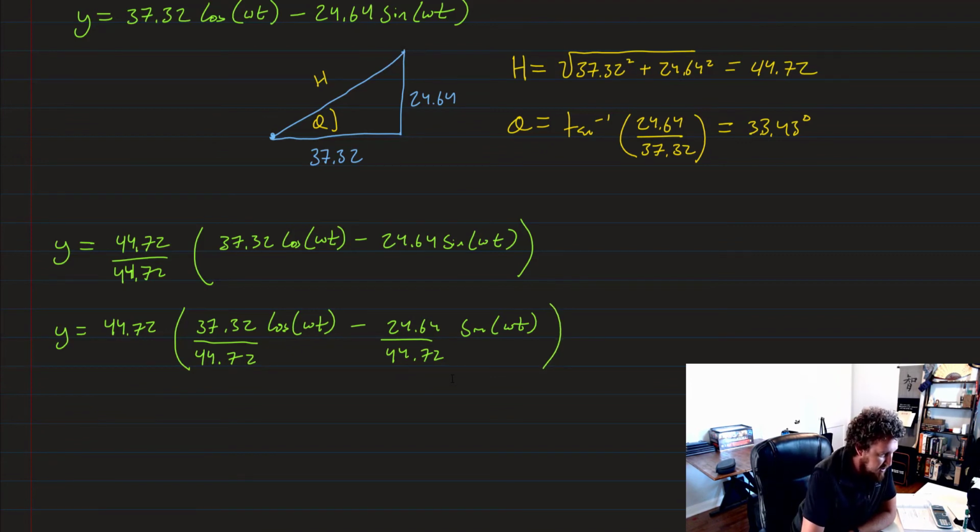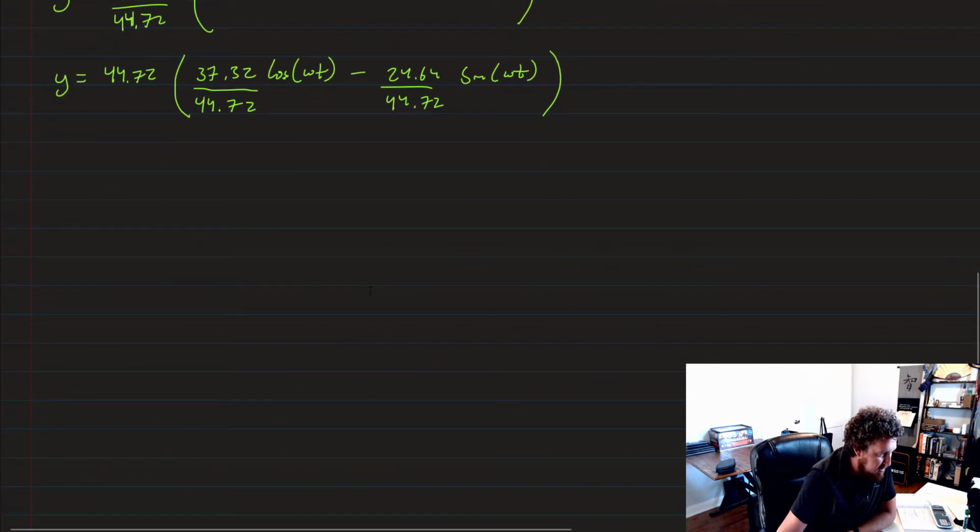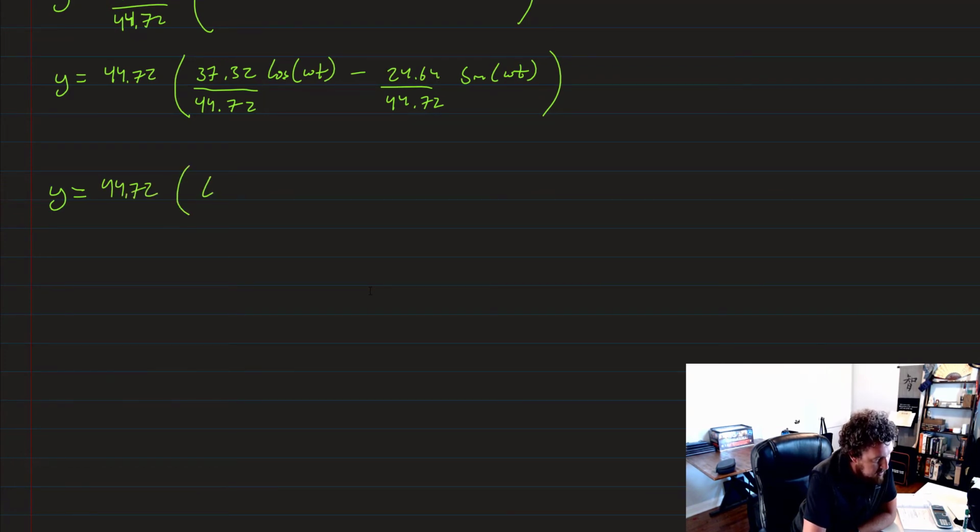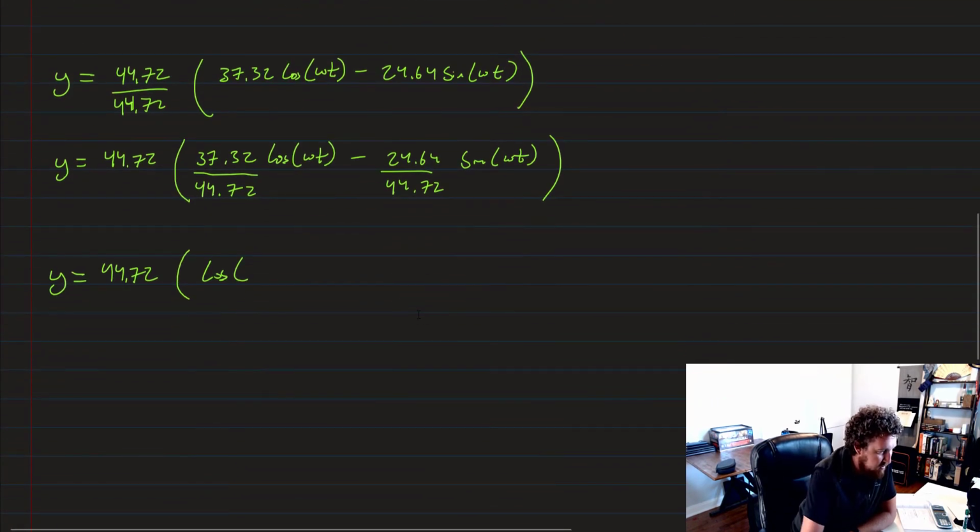Now, since this one is 37.32 over the hypotenuse, it's the same thing as the cosine. So we can rewrite this as y equals 44.72 times the cosine of that angle, 33.43 degrees.